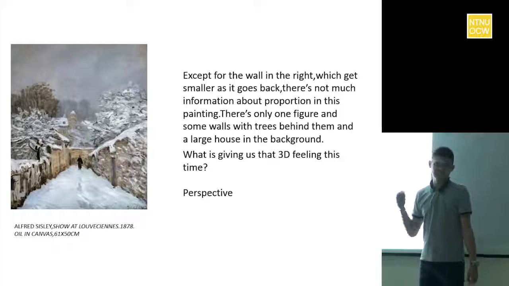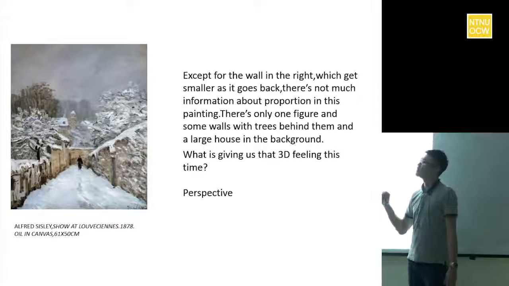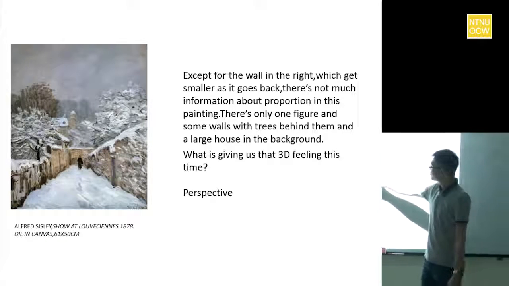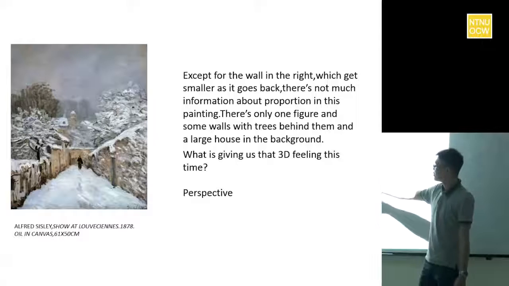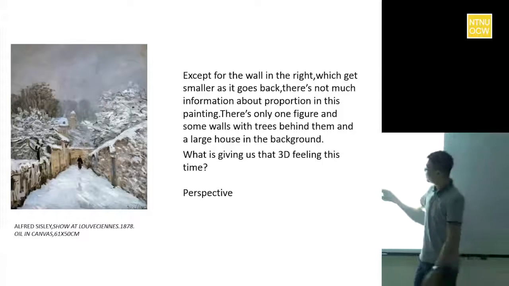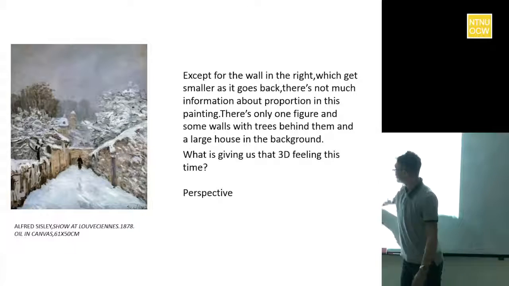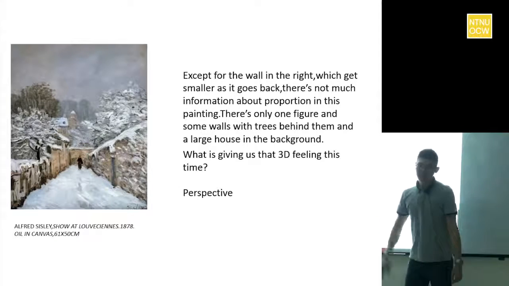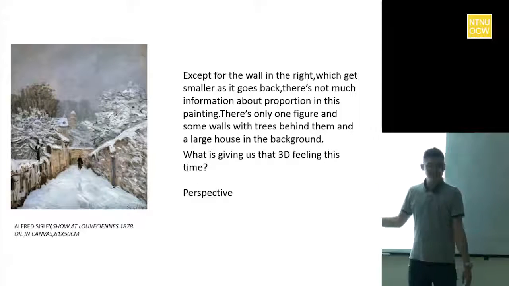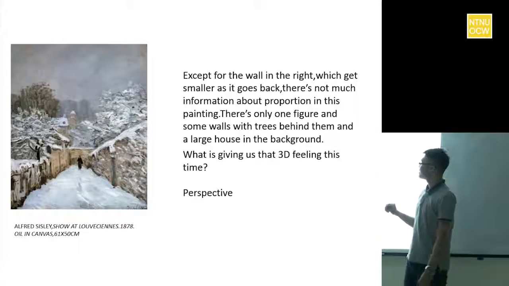Because of perspective. If we draw 2 imaginary lines following the side of the road and the top of the fence, you can see that they will meet at one point, and that point we call the vanishing point, right? The vanishing point.